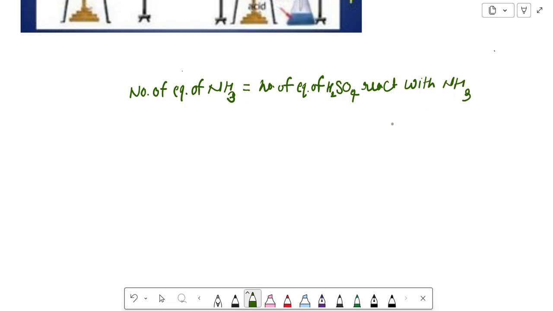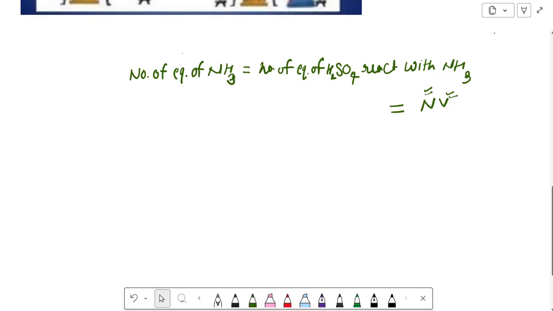So suppose this number of equivalents is N into V. Now what is N? N is the normality of H2SO4, and V is the volume of H2SO4 in liters which is reacting with ammonia. So the number of equivalents of ammonia we get is N into V.